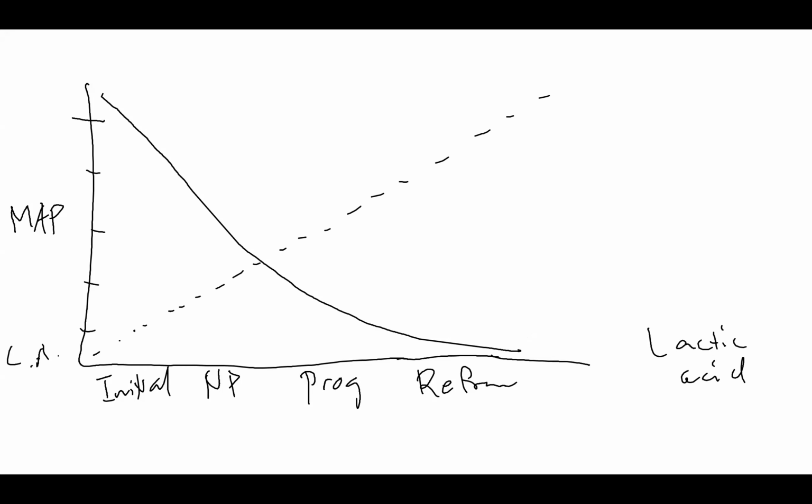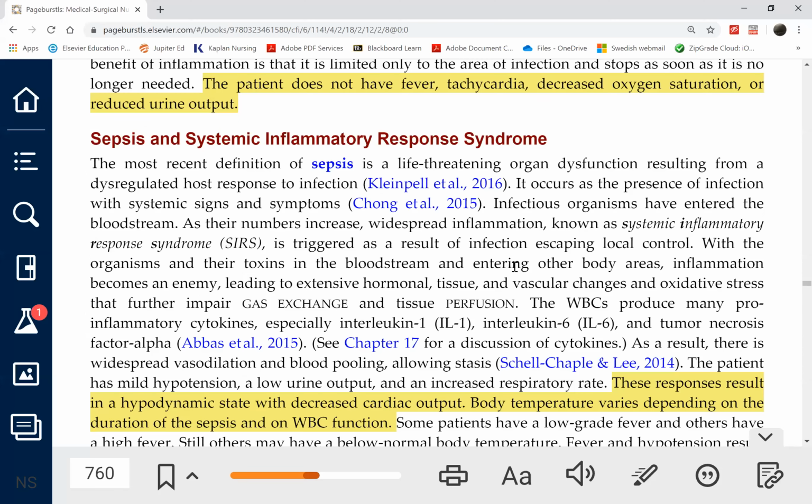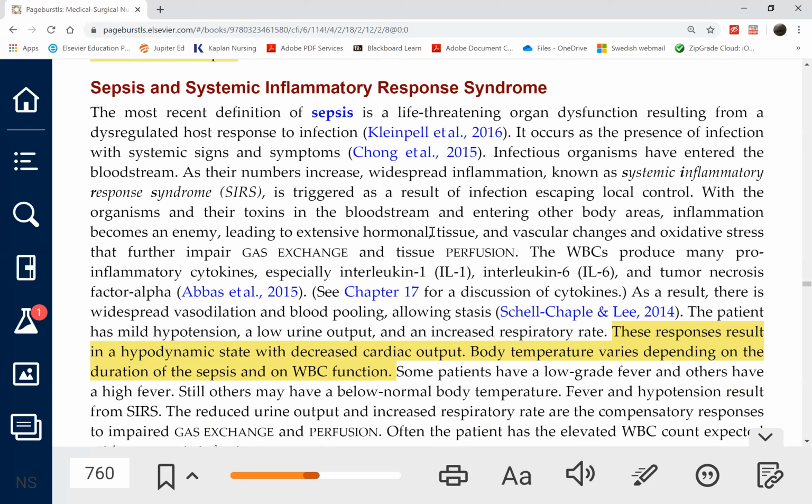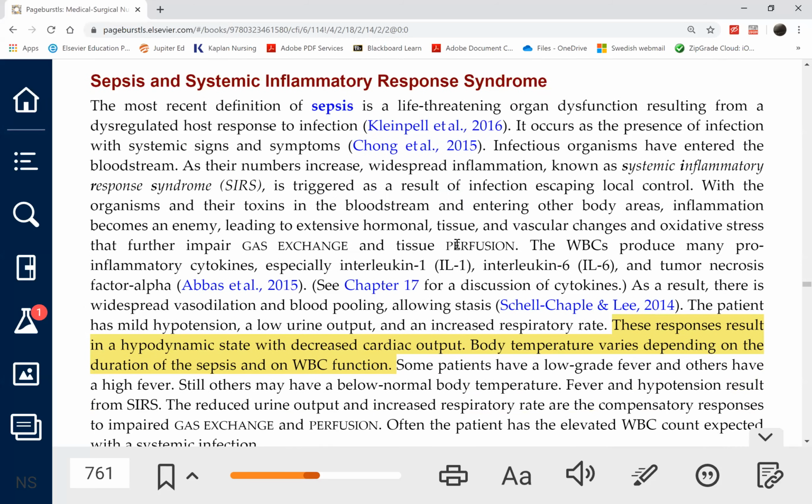Now let's see what happens in sepsis. Initially, it follows the same pattern. We can clearly see if the patient's going bad. Remember what happened in anaphylactic shock and also in neurogenic shock. There was vasodilation, correct?